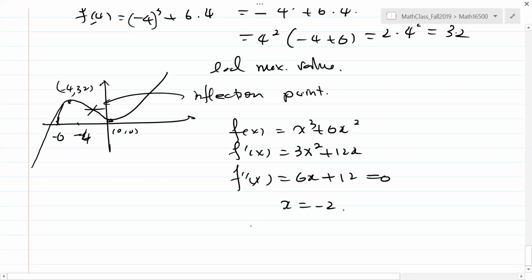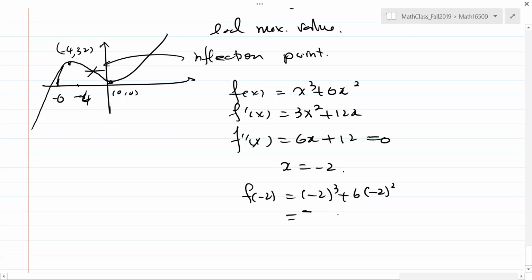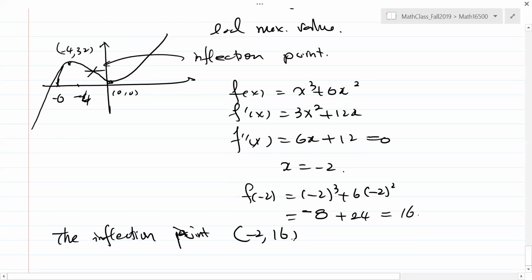So for the inflection point, f of -2 is -2 cubed plus 6 times -2 squared, which is -8 plus 24. So the inflection point is going to be (-2, 16). Now you get all the points, you get a perfect graph.